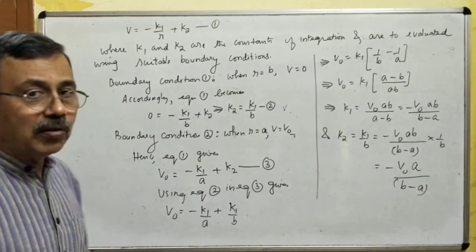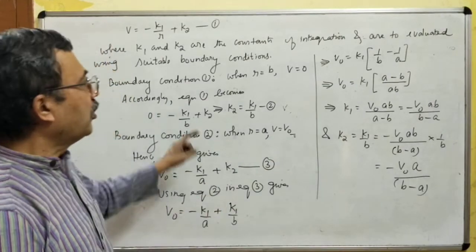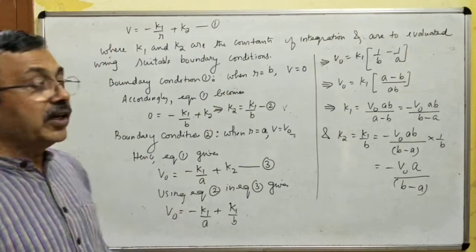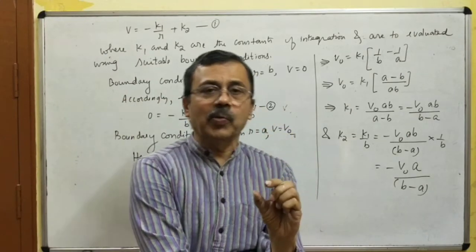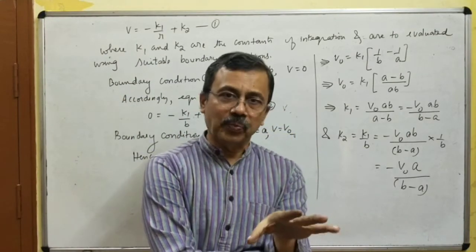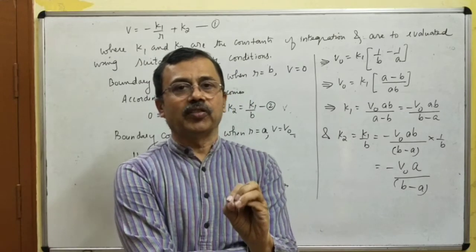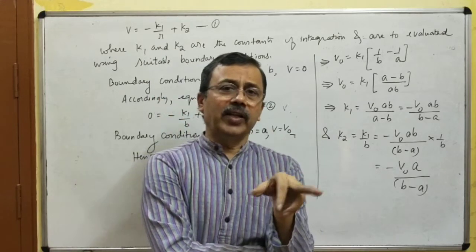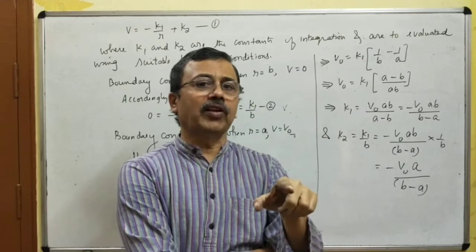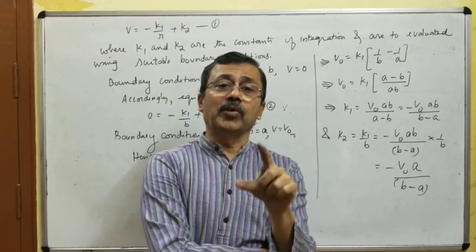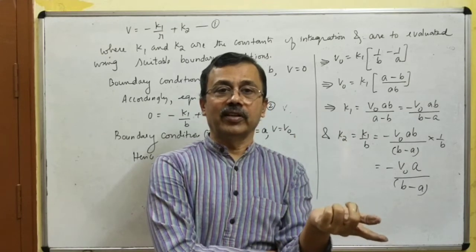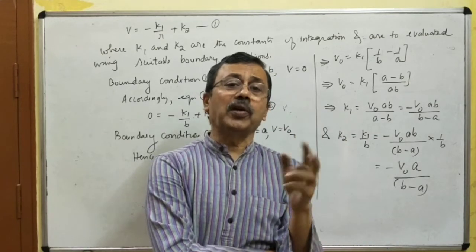So by making use of the boundary conditions, we have found the values of k1 and k2. The methodology is like this. First you write Laplace's equation in a spherical coordinate system, which is a three-dimensional equation. Then, stating that v is a pure function of r, the three-dimensional equation is reduced to a one-dimensional equation. Then we integrate with respect to r twice.